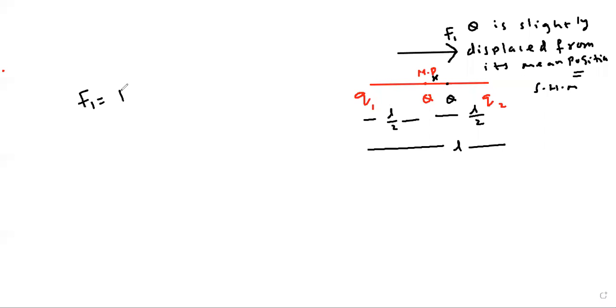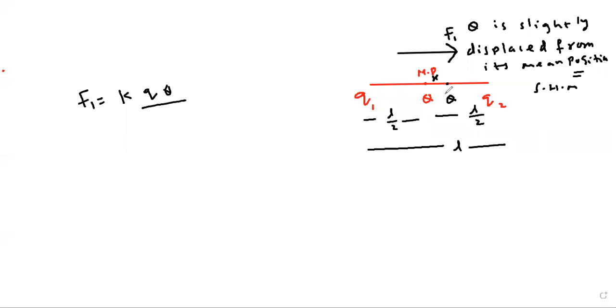Just apply Coulomb's law. F1 is equal to KQq divided by the distance between the charges squared. This red Q is at the mean position. We have displaced it slightly in the x direction, and we take that slight distance as small x.